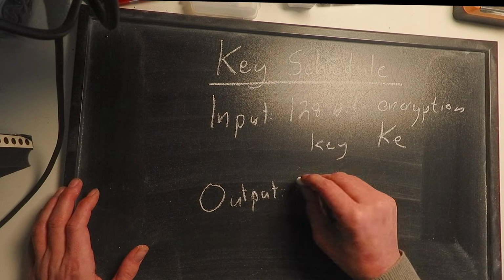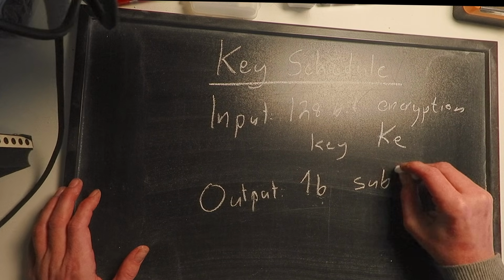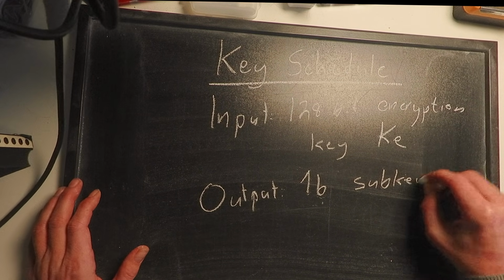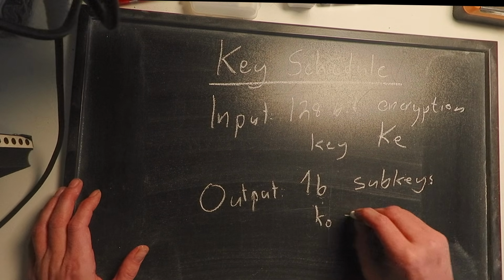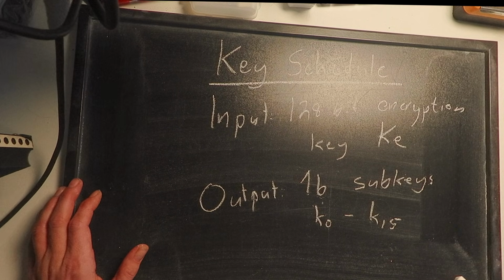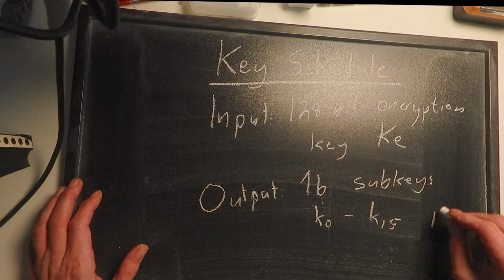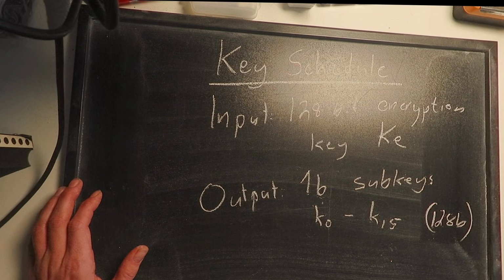The output is 16 subkeys. So K0 to K15, also 128 bits.